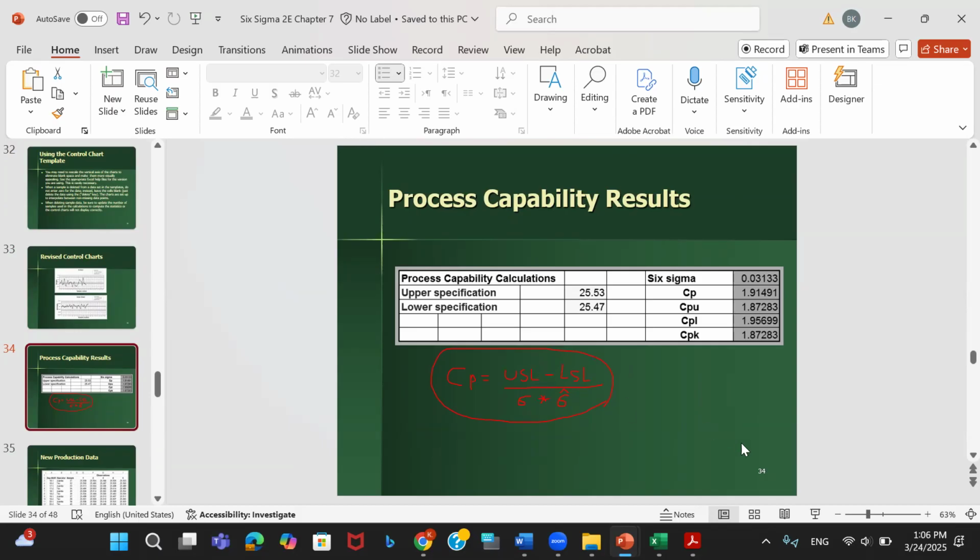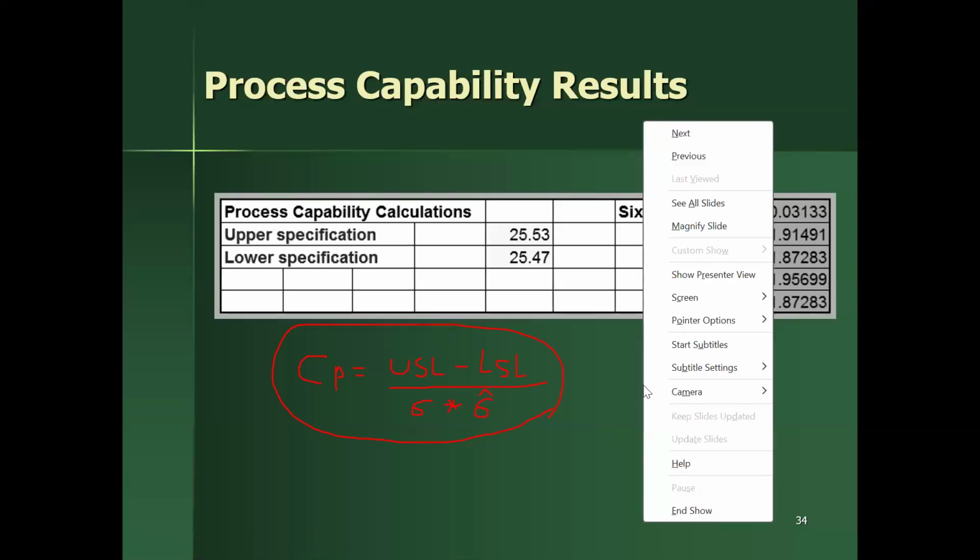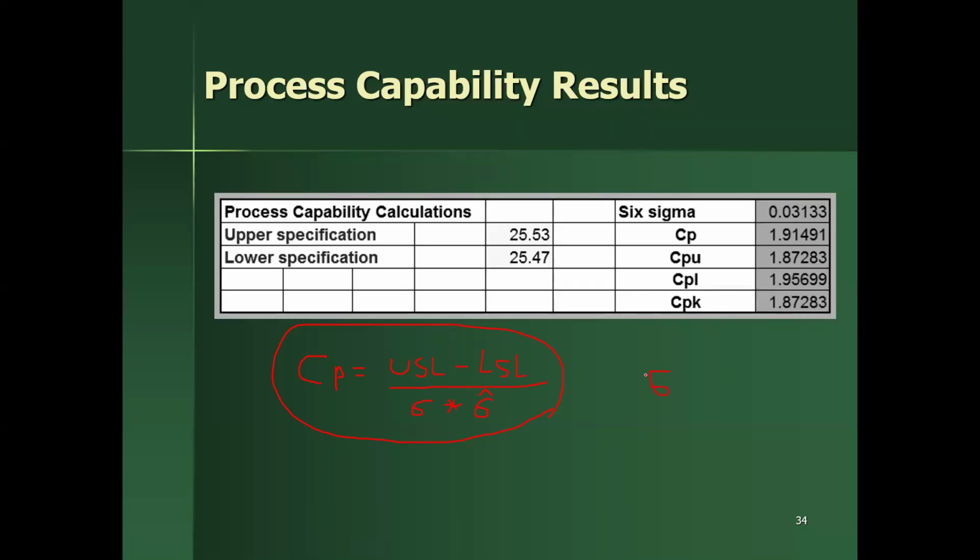We will learn how to calculate the Cp, the process capability, which is the upper specification limit minus the lower specification limit divided by 6 times sigma. When we are building the X bar and R chart, we can calculate sigma hat, which is equal to R bar divided by D2, where D2 is from the table and R bar is from the data.